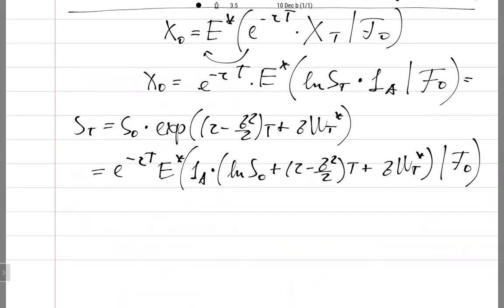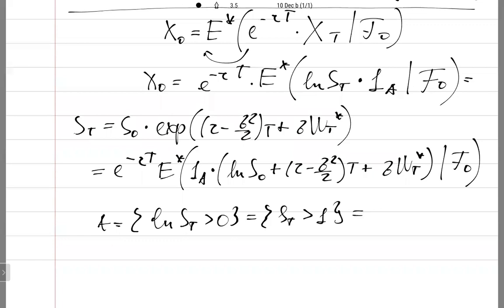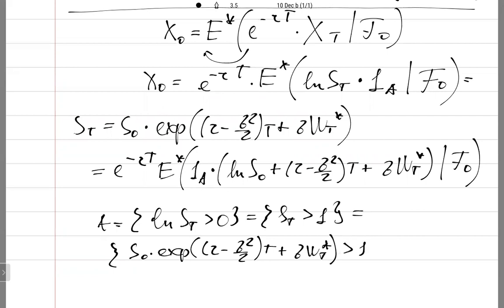We know that A can be formulated as ln ST is positive, or as ST is greater than 1, or as S0 times exponent of (r minus sigma squared over 2)t plus sigma WT star is greater than 1.